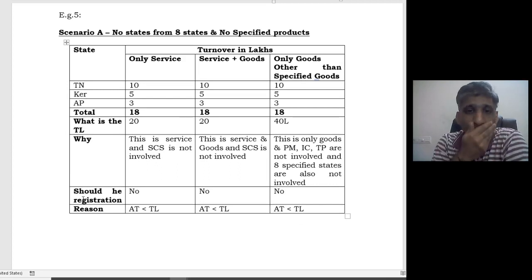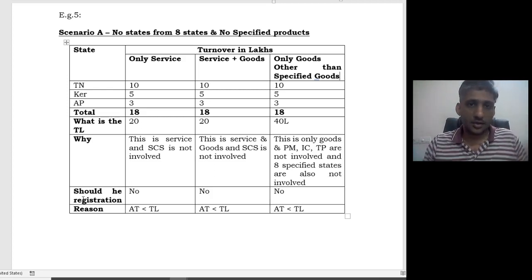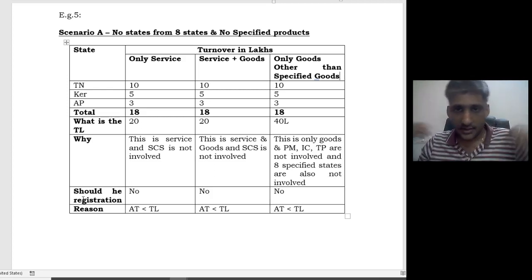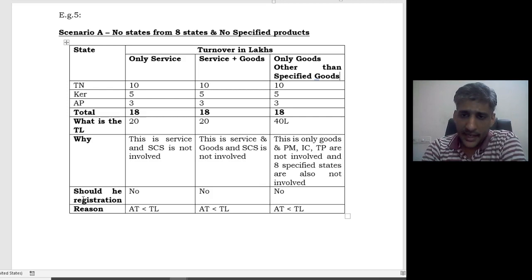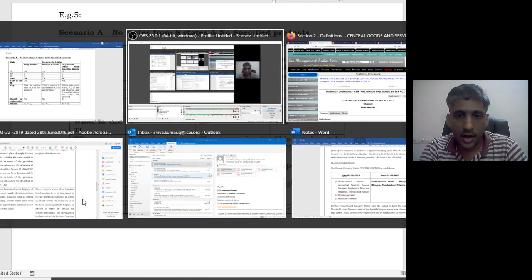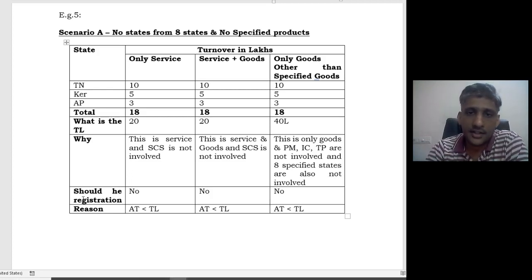I repeat, this scenario A talks about a supplier who is not from those 8 states, with no specified product like pan masala, ice cream or tobacco products. Then if it is only service or service plus goods or only goods other than specified goods, then it is 40 lakh.